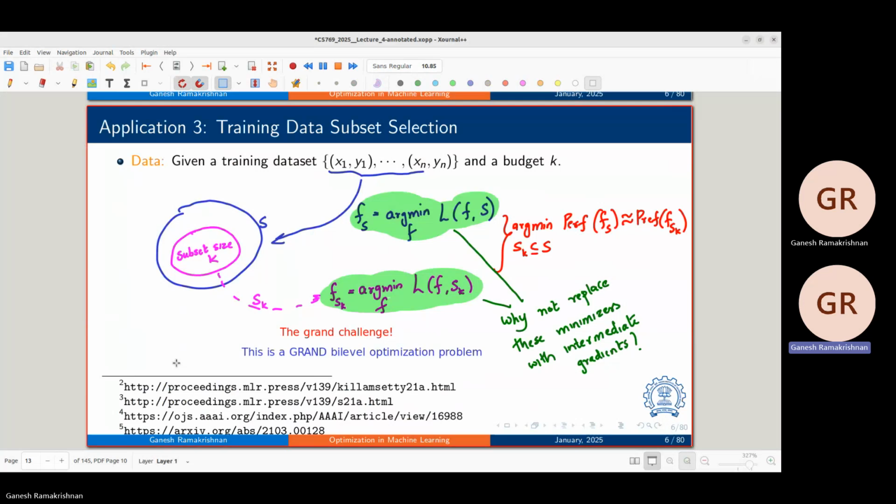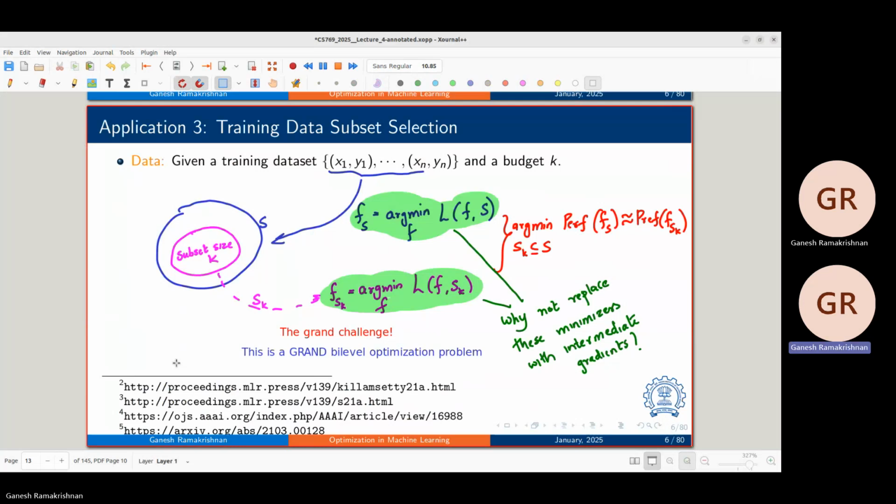I think this is the key here. So you have the subset Sk of the set S. I've used different notation here. And what I want is a function Fs to be approximated well by Fsk. I've given some possibilities here.